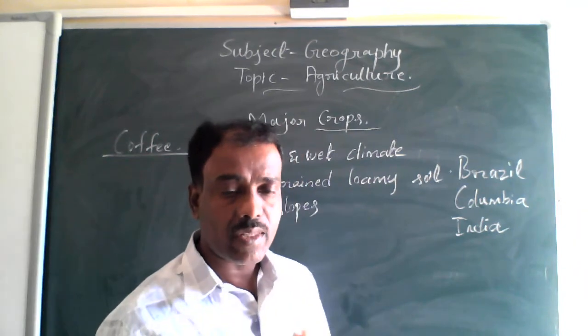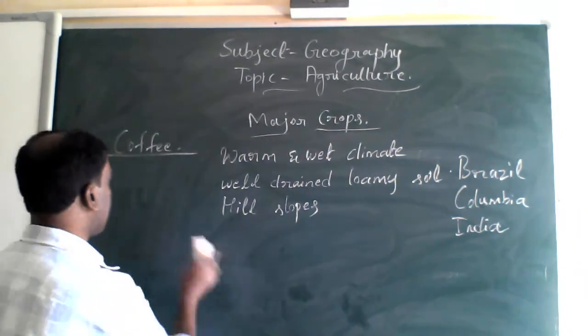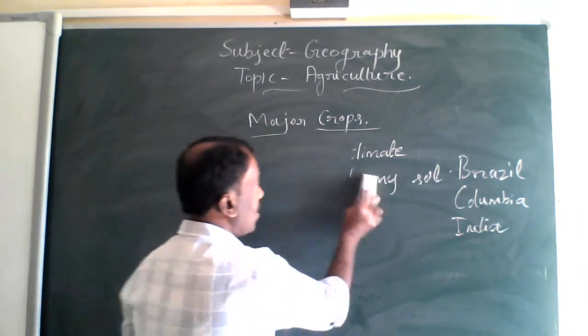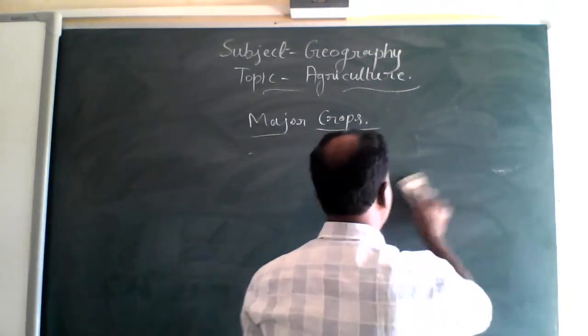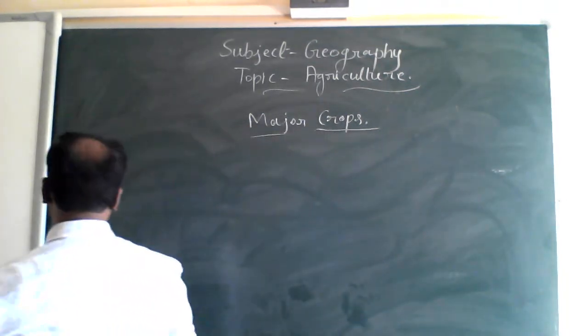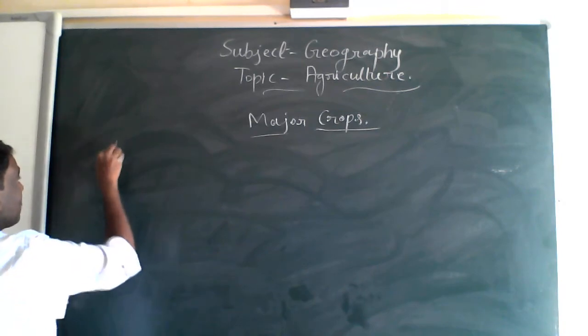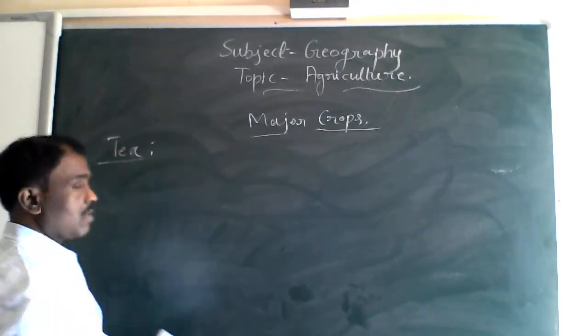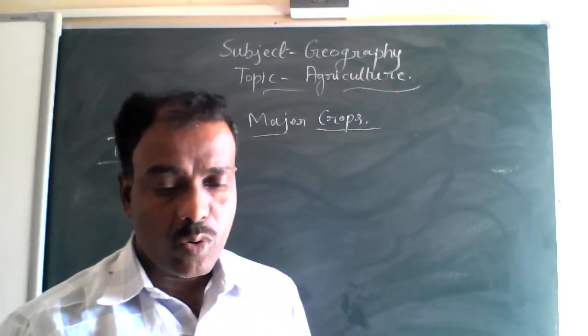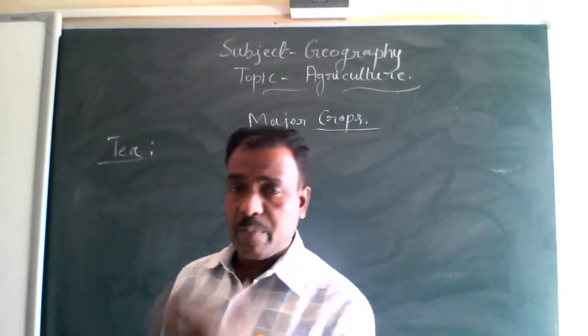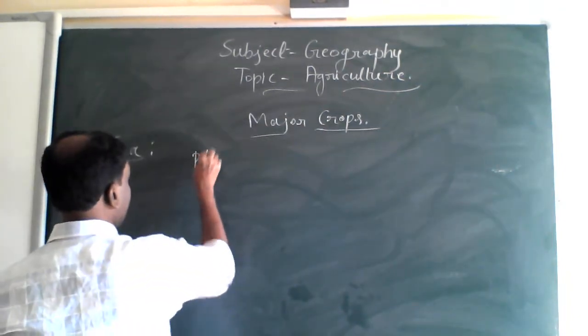Now let us discuss tea. Like coffee, tea is another important beverage crop. It is also grown on plantations.